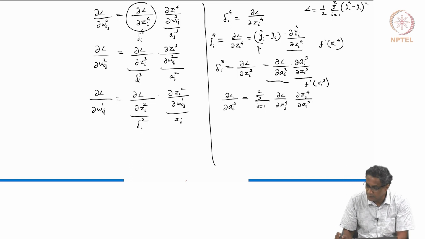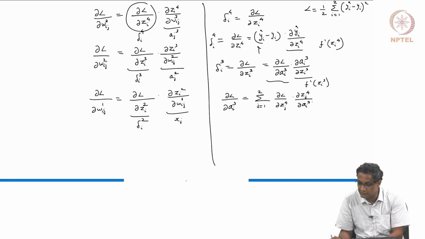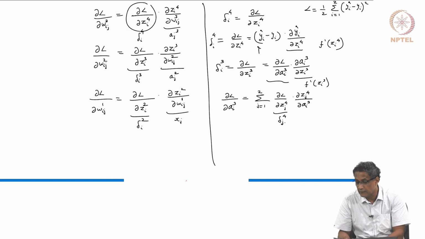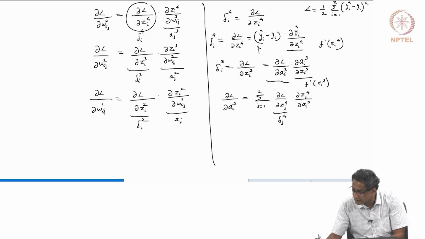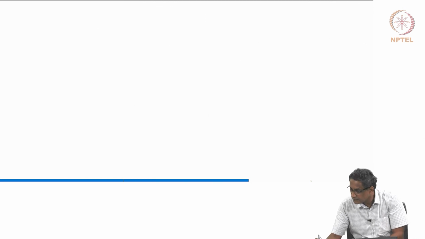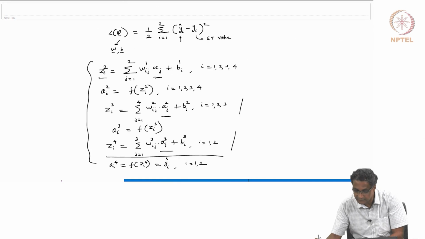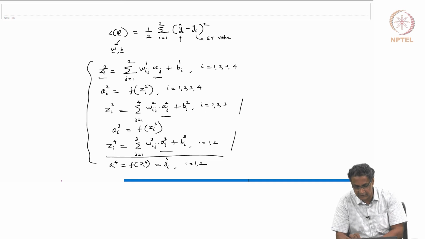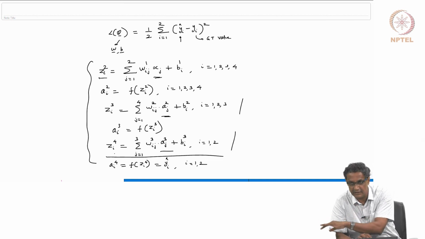Now, if you look at dou L by dou zj4, what is that? That is delta j4, not i, j. Now dou zj4 by dou ai3. Let's go back to our equation. Where is our zj4? It is here. Earlier we wrote zi here and then aj was coming on the other side.